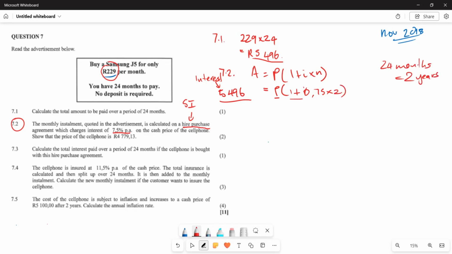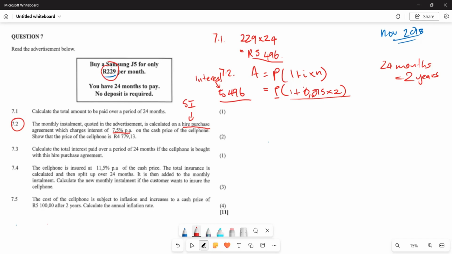Then you're going to plug this in your calculator and divide both sides. When you say 1 plus 0.075 multiplied by 2, the answer you're going to get is 1.15.